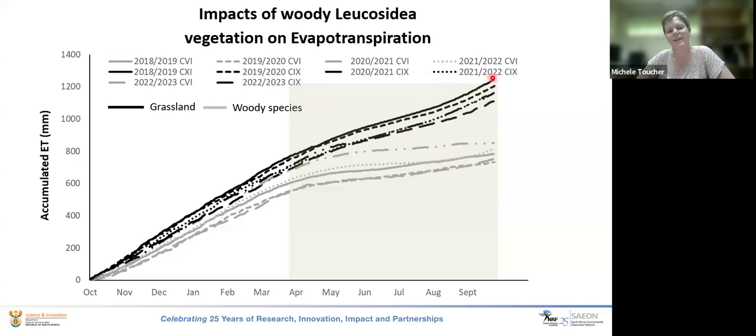So this original legend is correct, and my attempt to make it easier is incorrect. So the lines here from catchment 6 are the grassland, and the black from catchment 9 is where the ET is higher. And over all the years, we've seen a consistently high ET from the woody species.